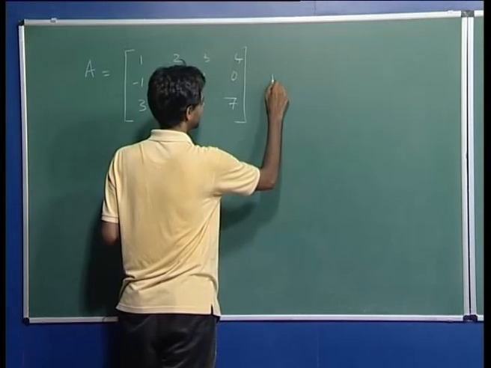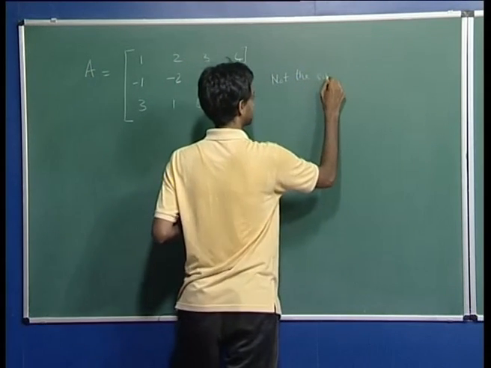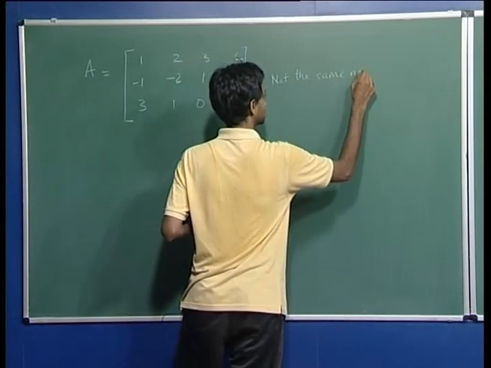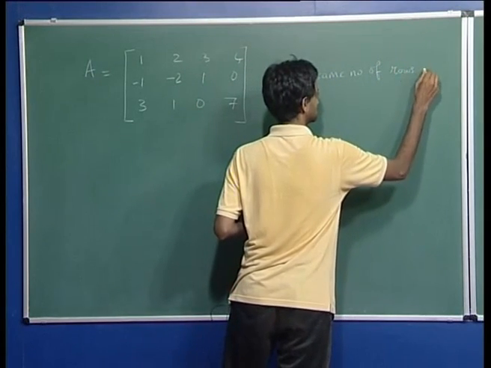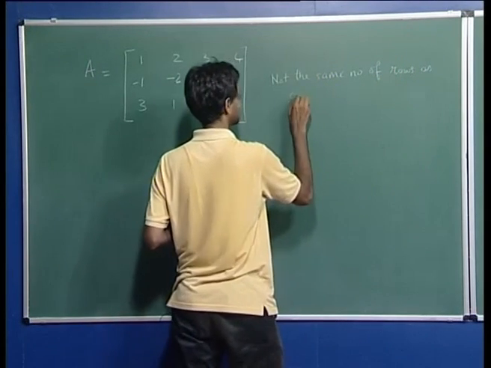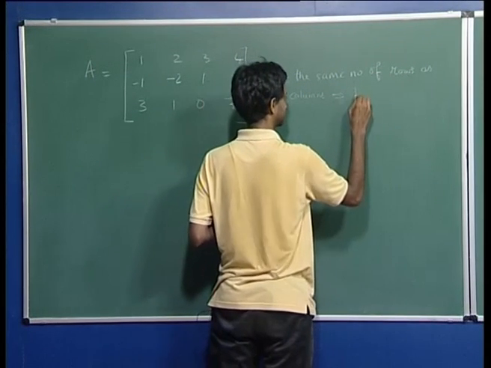So, it does not have the same number of rows as columns. This is a rectangular matrix.